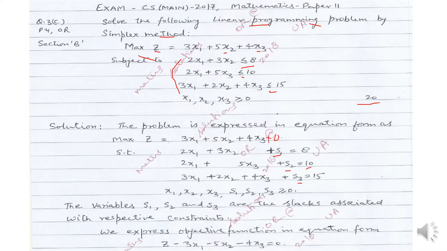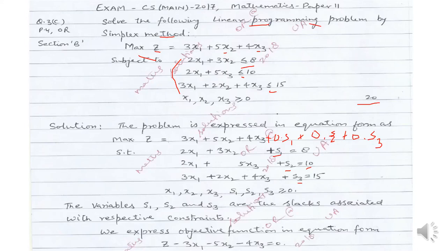So we can also add here 0 into s1 plus 0 into s2 plus 0 into s3 in the objective function, because we have added these slack variables in the constraints.